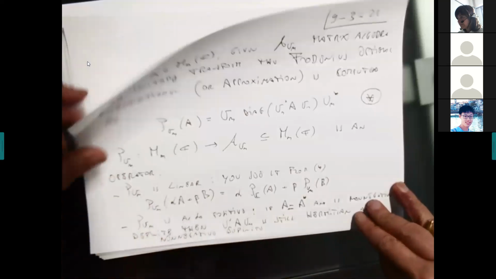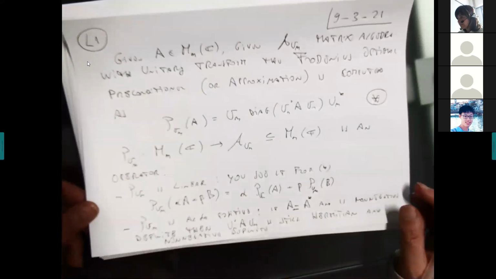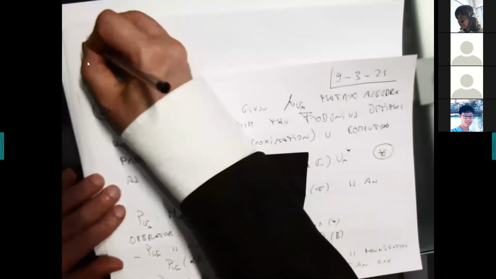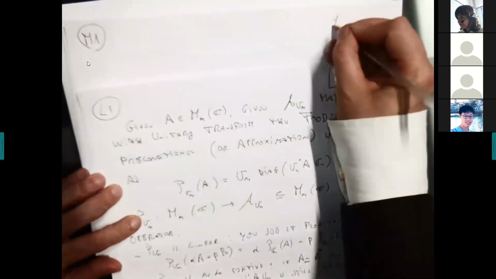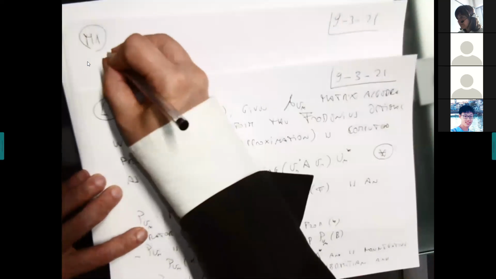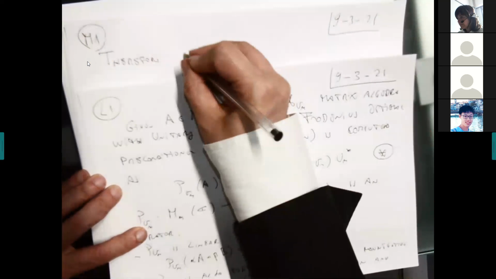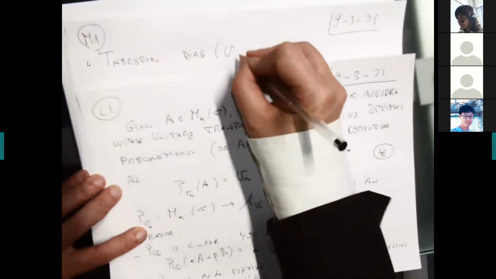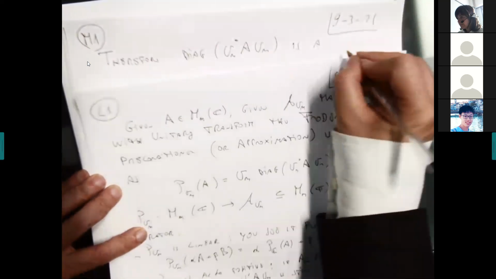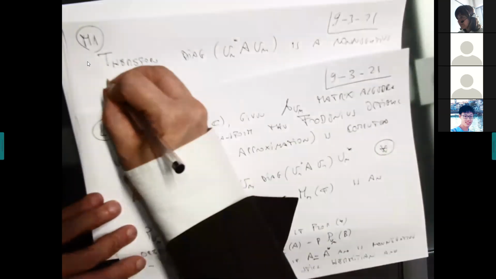You make the check. And it is a special case of what is called the Sylvester inertia law. Therefore, the diagonal part of UN star A UN is a non-negative diagonal matrix.